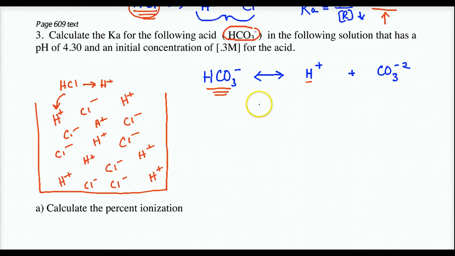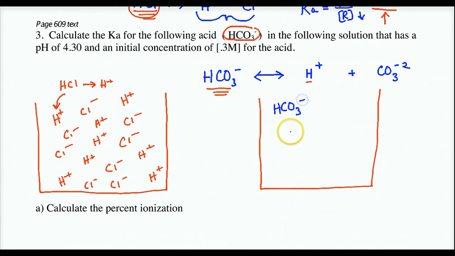Now, if I've got a beaker of HCO3 negative, which is the bicarb ion, and I'm drawing this simplistically without the water being around, in this case, because it's a weak acid, there's going to be more of the, what? Undissociated ion. So we're going to see mostly this undissociated, stuck together weak acid.